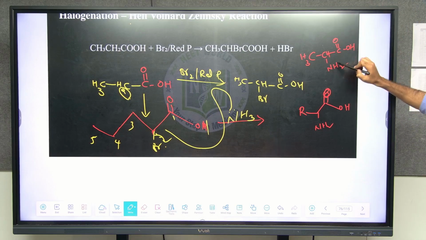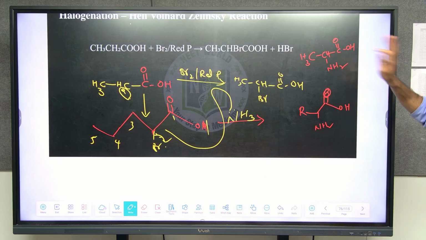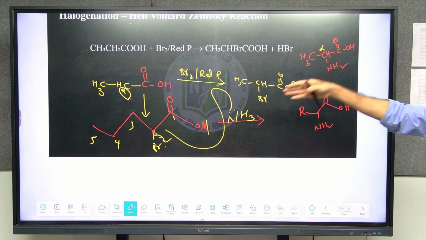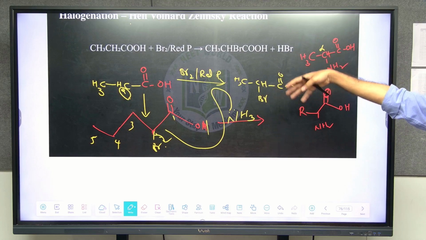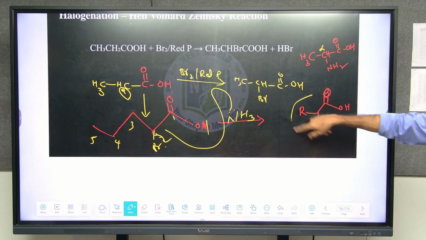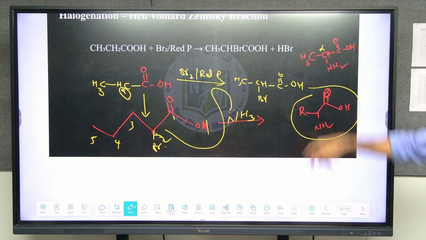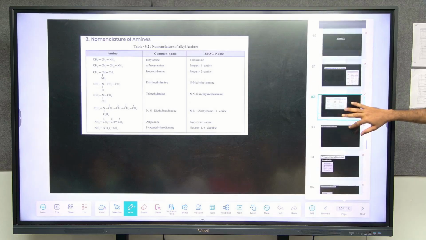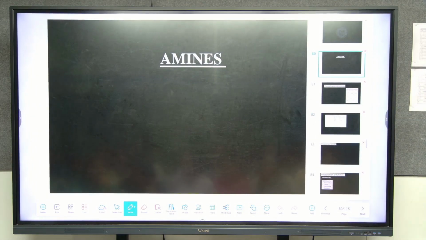Alpha amino acids, you know? Glycine, alanine, valine, leucine, essential, non-essential. This one is alanine. So we can prepare this using the HVZ reaction, one of the intermediate reactions. Don't think why we are studying all these reactions. If you want to make any of these important products, we may use these intermediate reactions. Okay, next. Okay, take a break.